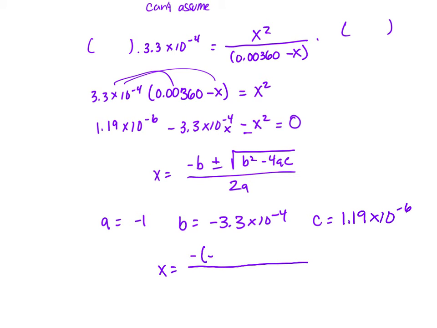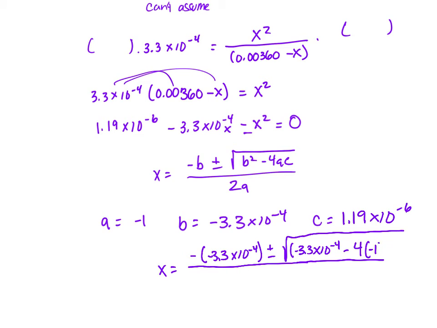Negative B, so 3.3 times 10 to the minus 4, plus or minus the square root of minus 3.3 times 10 to the minus 4 squared minus 4 times minus 1 times 1.19 times 10 to the minus 6. All of that divided by 2 times minus 1.